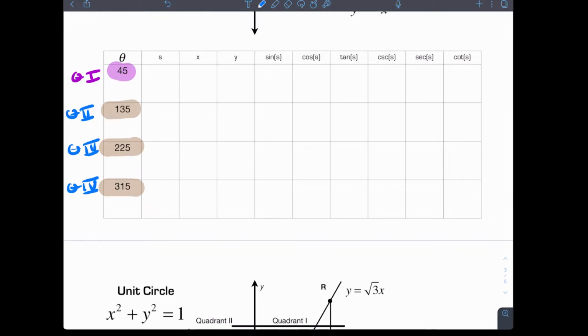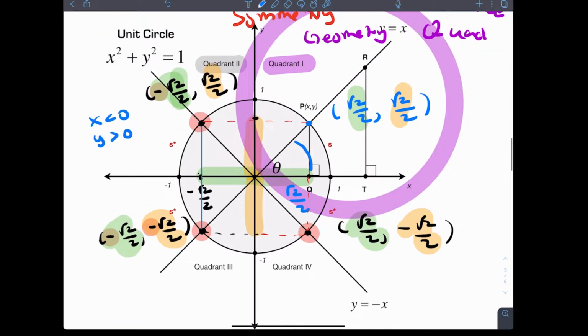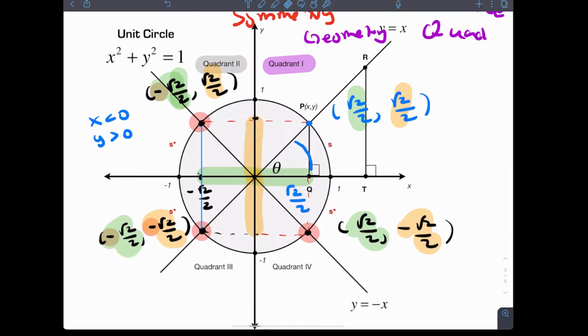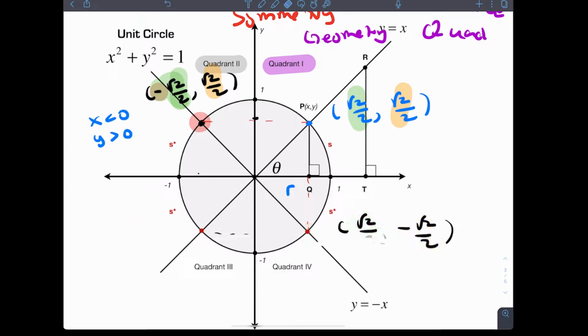Okay, you guys okay with that? Should we try one problem? I'm going to try one here. I'm going to have to erase a lot of this, though. Actually, I don't want to erase. I find this gets a little distracting, right? So we already know how to find quadrant 1.